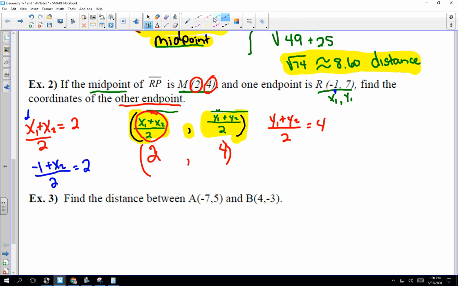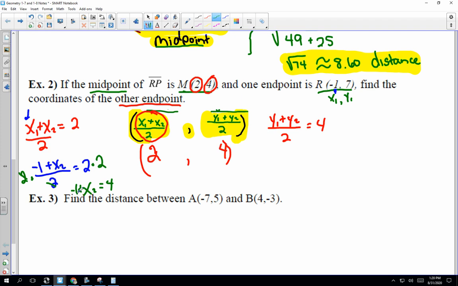All right, so we're going to solve this little equation. What we have to do first is get rid of this divided by 2. Multiplying by 2 will always be your second step after you substitute in your number. So 2 divided by 2 is 1, and I'm just left with -1 plus x2 equals 4.